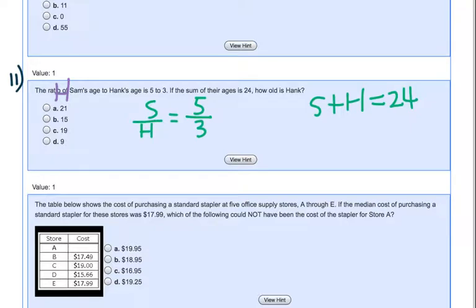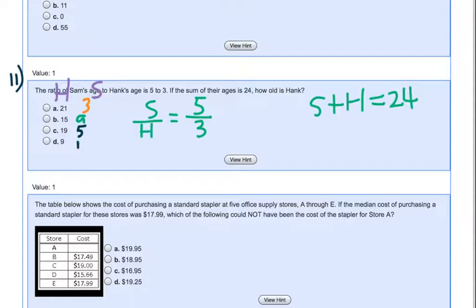So what about Sam's age? Use 24 minus 21, that will be 3. Then it will be 9 for B. Then for Hank 19, it will be 5.